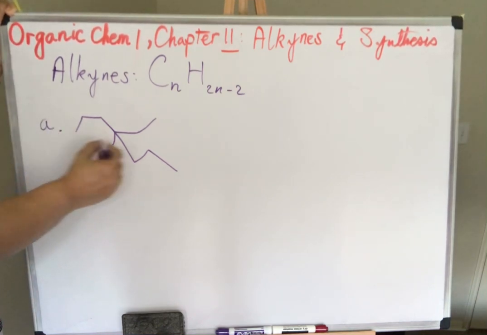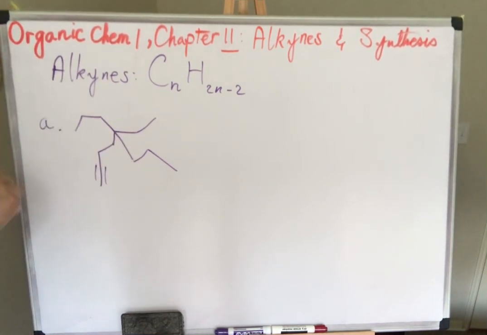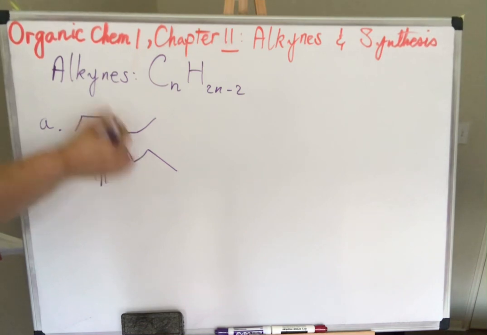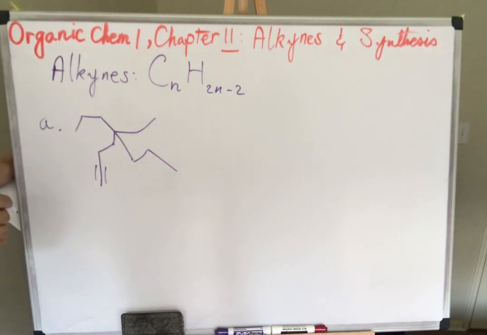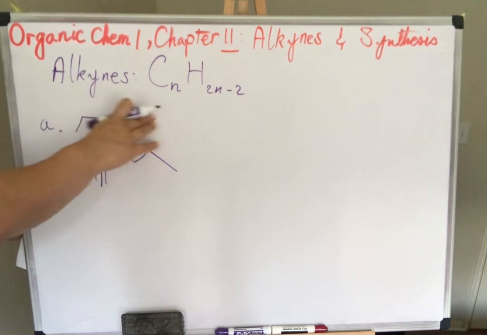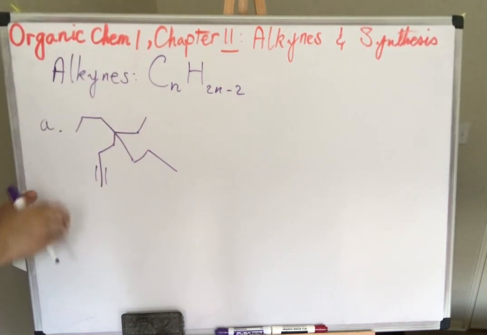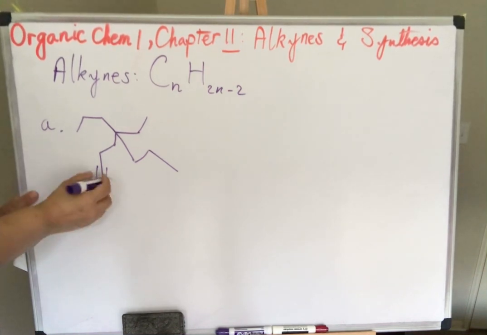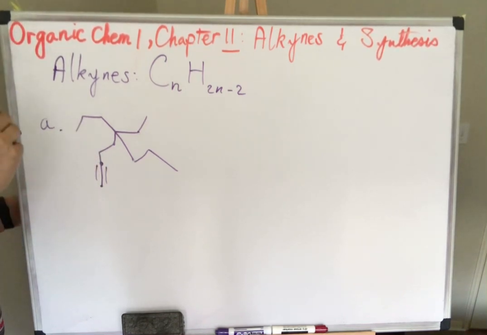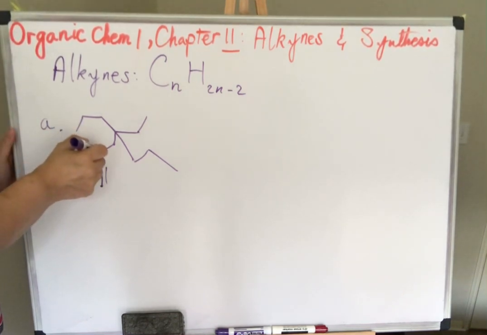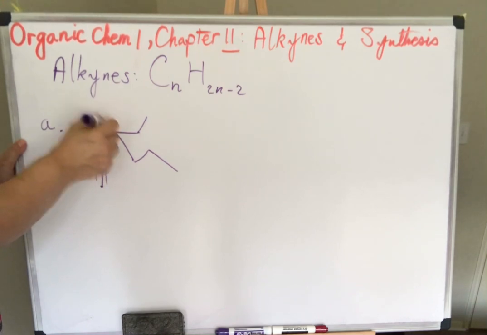All right. First, what is the first rule? What is the first thing we need to do? It is to take care of the longest chain, which is not necessarily the straight chain. So this longest chain must include the triple bond. So it's obvious that we need to start from here. And don't forget I said there are 2 carbons, 1, 2, and then 3, 4, 5.